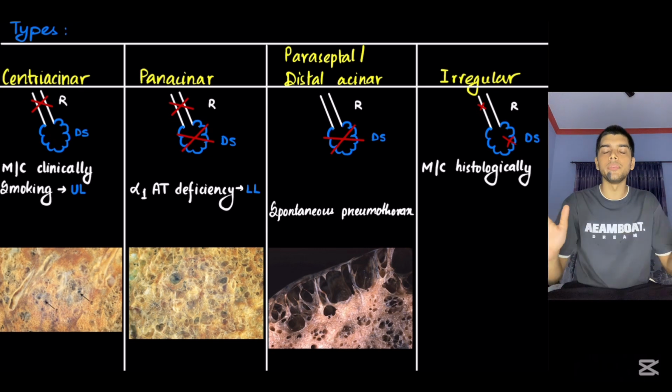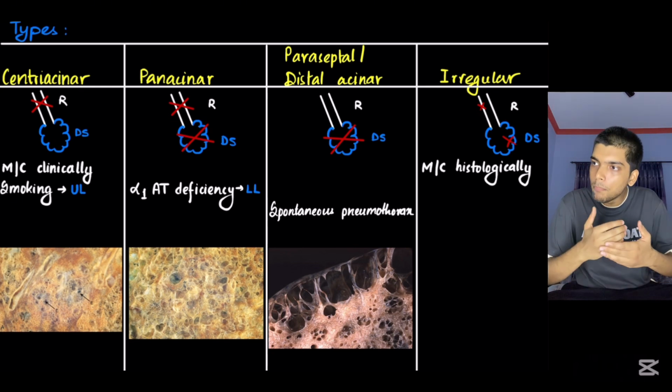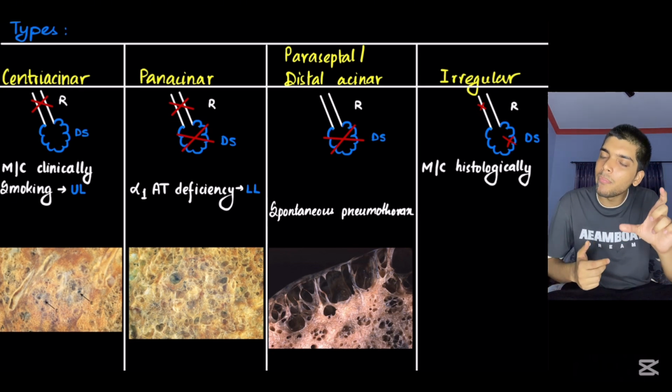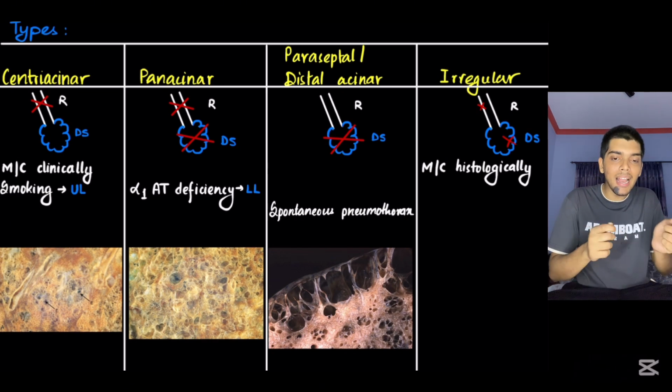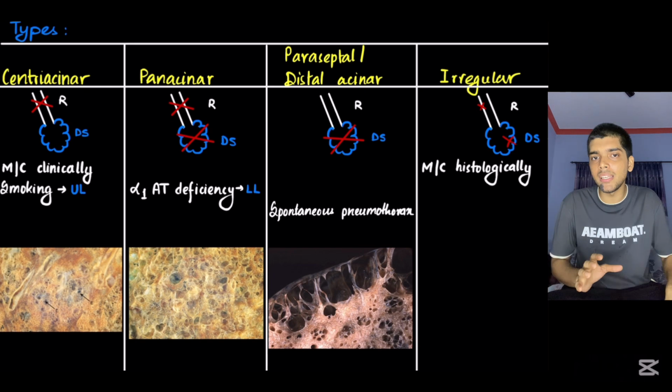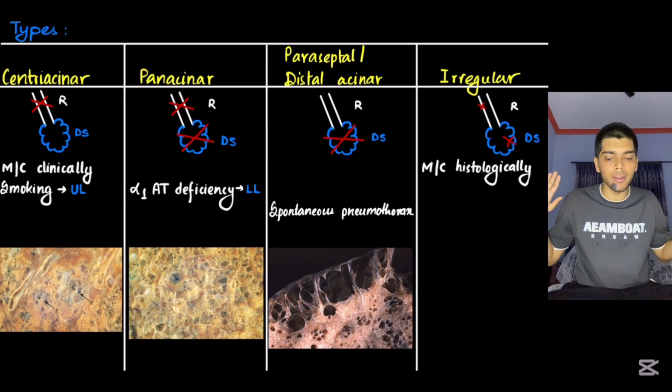Alright, one last revision. Centriacinar: the central part, the respiratory bronchiole, is affected, and the duct and sac are spared. Panacinar: the complete acinus, that is respiratory bronchiole, alveolar duct and sac, are affected. Distal acinar: the distal part of the acinus, the alveolar duct and sac, are affected, and the respiratory bronchiole is spared.